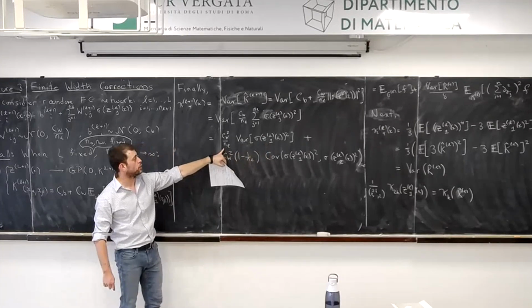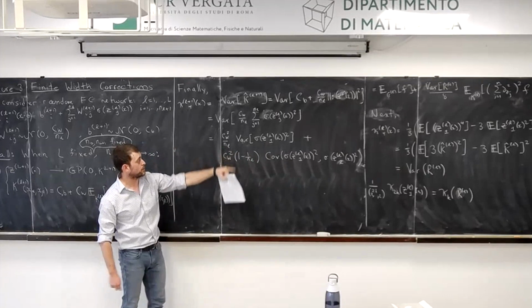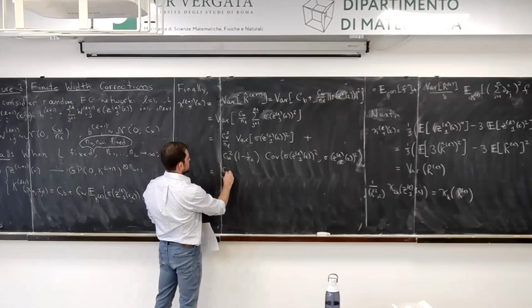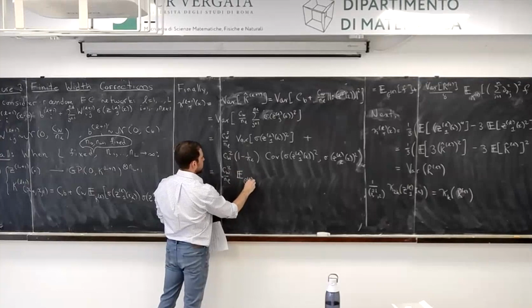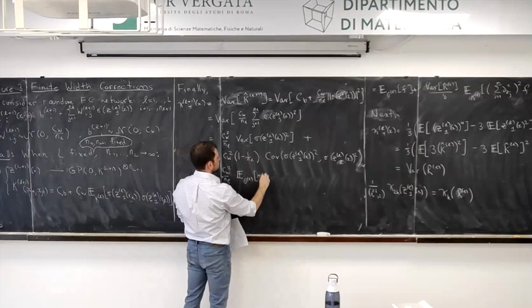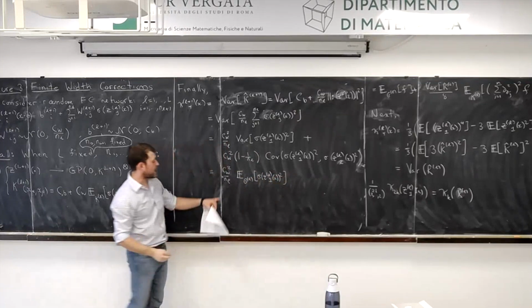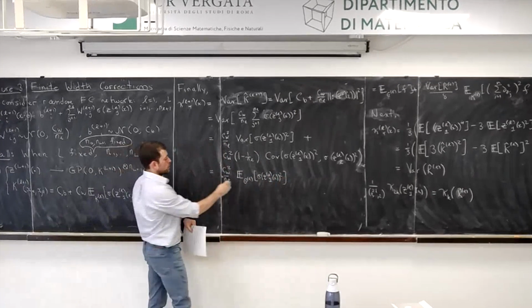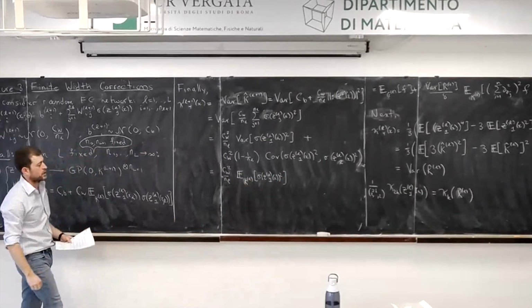I already have a 1 over n in front of it, and so I can just apply my perturbative expansion to it. So I get CW squared over NL times the expectation with respect to GL of sigma of ZL1 of x squared. But again, I already have a 1 over n, so I'm going to replace it by a K because I'm okay dropping terms of order 1 over n squared.